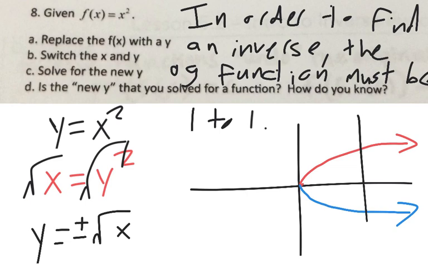People get them confused, but hopefully you follow the logic. So what can I do in order to make x squared 1-to-1? I can restrict the domain. And now it becomes a 1-to-1 function. It passes the vertical line test and the horizontal line test. That's why we restricted it.